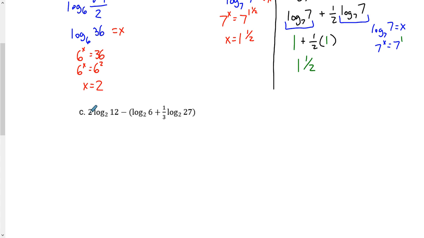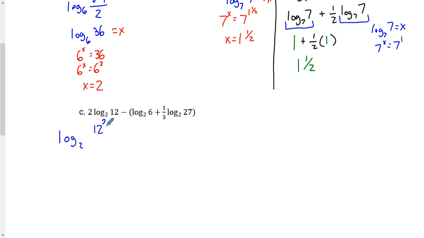So first off, we have this 2 log base 2 of 12. We have a log base 2 of 6 and a 1/3 log base 2 of 27. So there's a lot of things in this one. So let's take it one step at a time. I'm just going to write that log base 2 right at the beginning because it's all the same, so we're good to go. That 2 in front means that that should be an exponent, but it's only going to be applied to that 12.